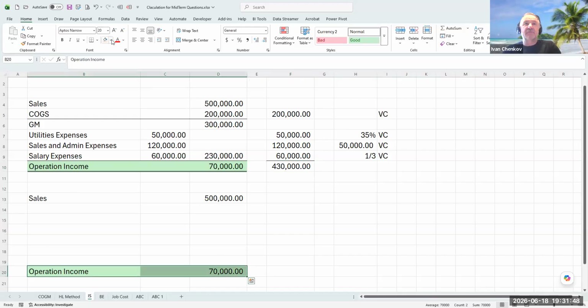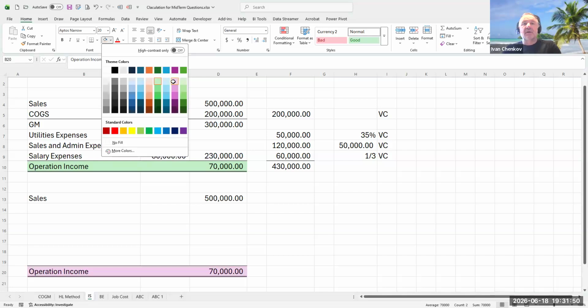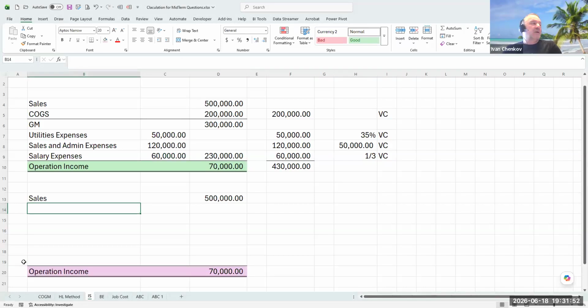So let's move this one to a different cover. What I have to do now, after sales, to make it a contribution margin statement, we're going to do the variable cost here, and then we're going to have a contribution margin. And now we're going to start with variable cost. Let's go, cost of goods sold is my variable cost. Actually, let's do this, variable cost.